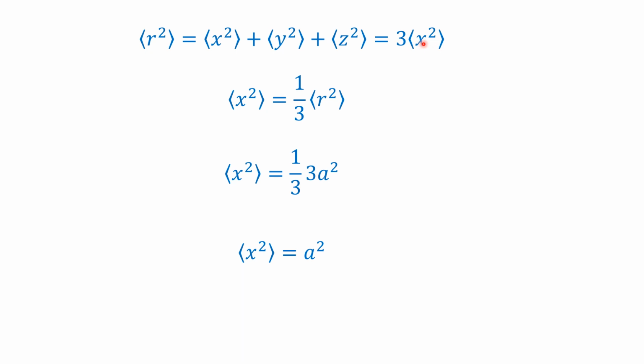So naturally the expectation value of x squared is, you bring this 3 to the left hand side, 1 over 3 times the expectation value of r squared. We have seen that the expectation value of r squared is 3a squared. Here this 3 and this 3 will get cancelled. So the expectation value of x squared is equal to a squared.